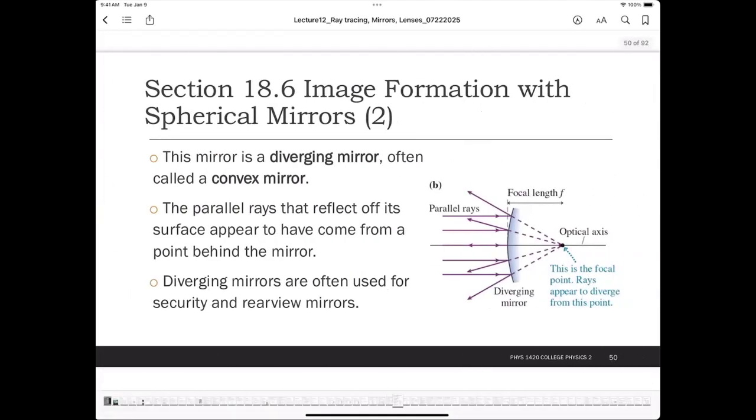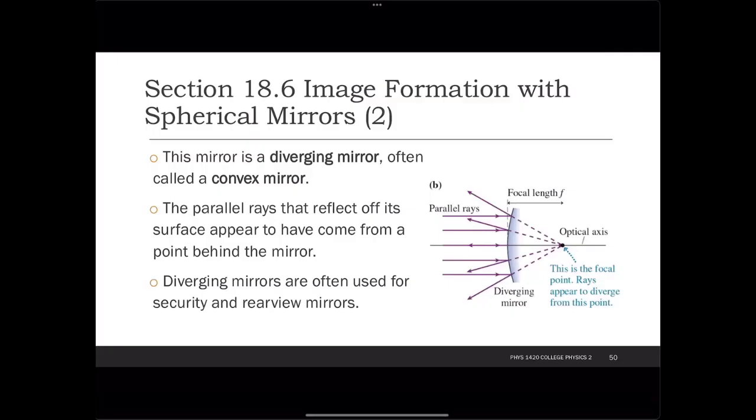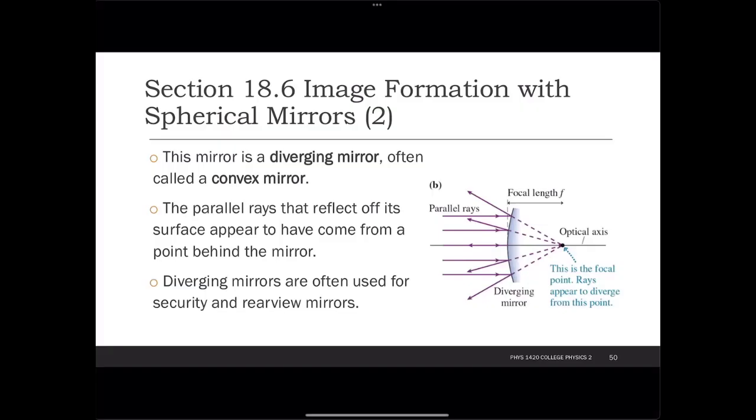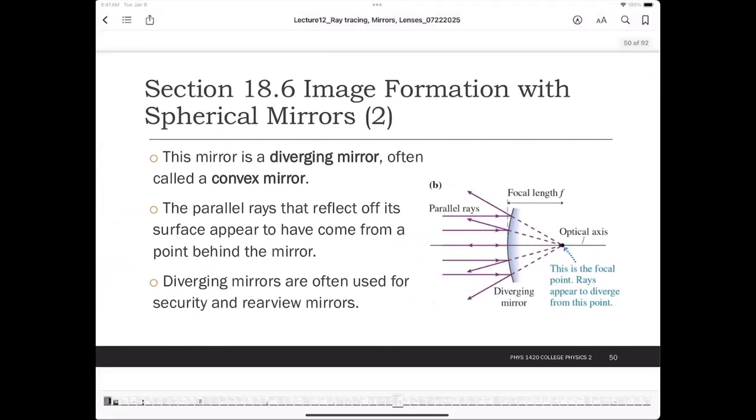This mirror is a divergent mirror. It is often called a convex mirror, and the parallel rays that reflect off its surface appear to have come from a point behind it.